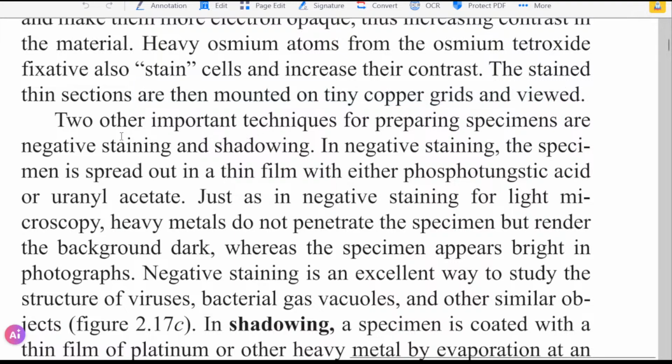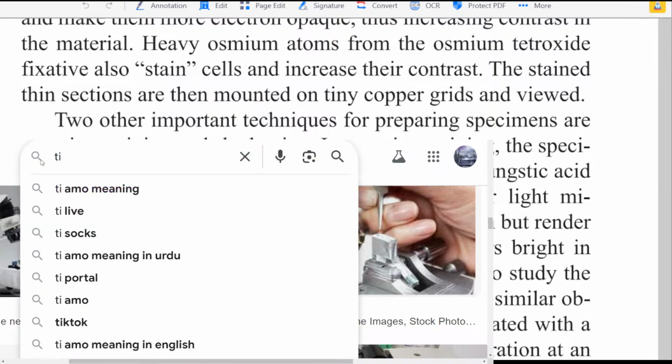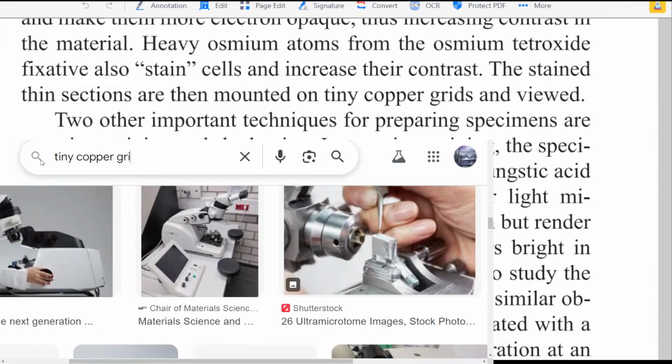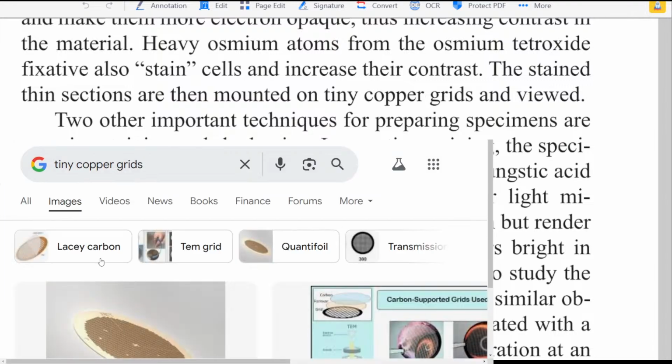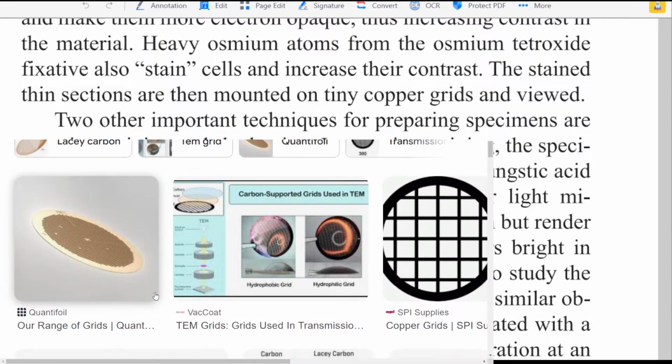After you are done with staining, you mount it on the tiny copper grids. Let me see how they look. Okay, so they look like this.